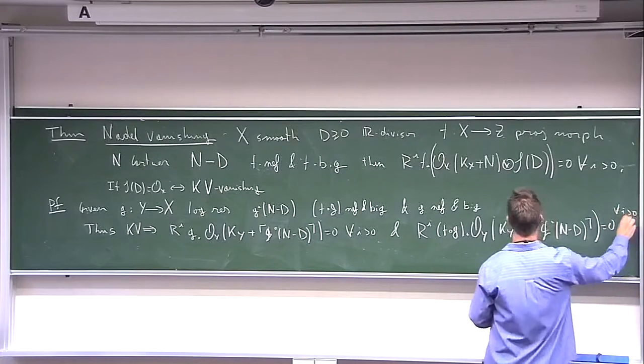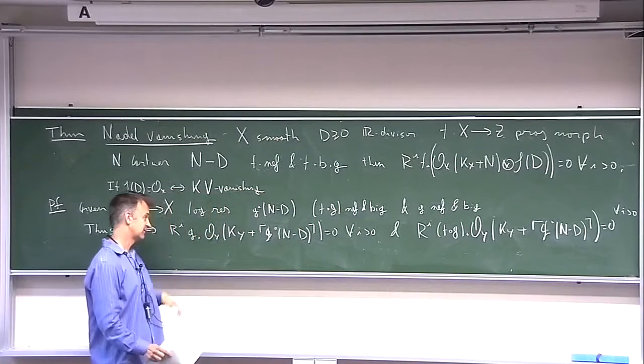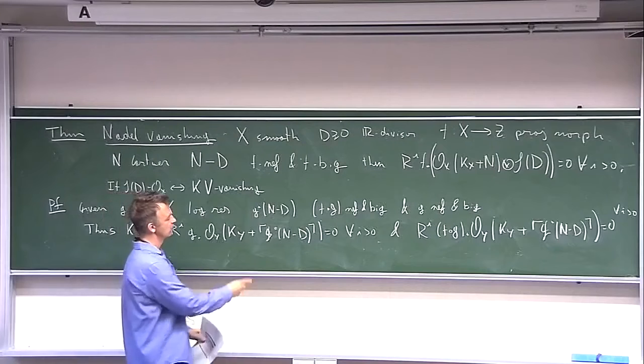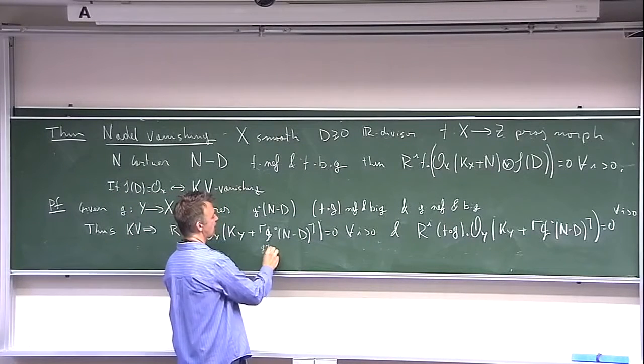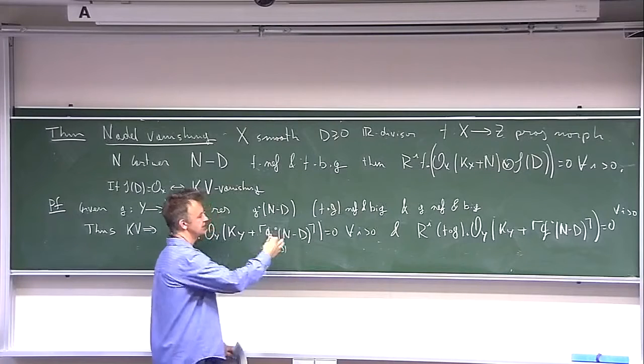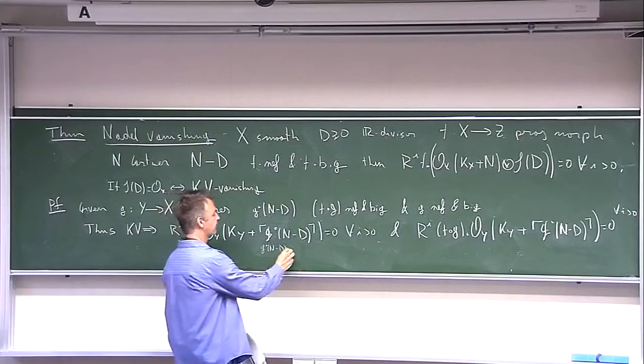So I have to check that Kawamata-Viehweg applies to this. Well, what is the roundup of this? The roundup of this is G upper star of N minus D, which is F-nef and big, or F composed G nef and big, plus some fractional part.